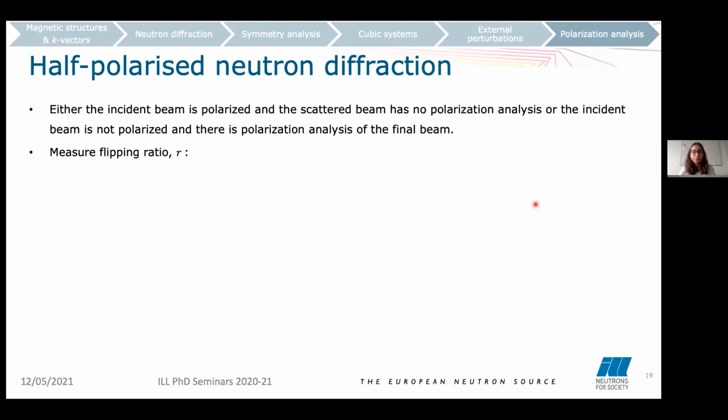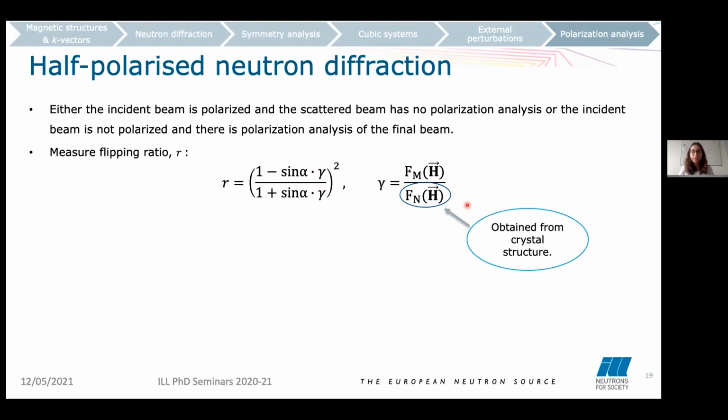And what is measured is the flipping ratio, which is shown here, where gamma is the structure factor of the magnetic component over the structure factor of the nuclear component. And we can get this from the crystal structure.